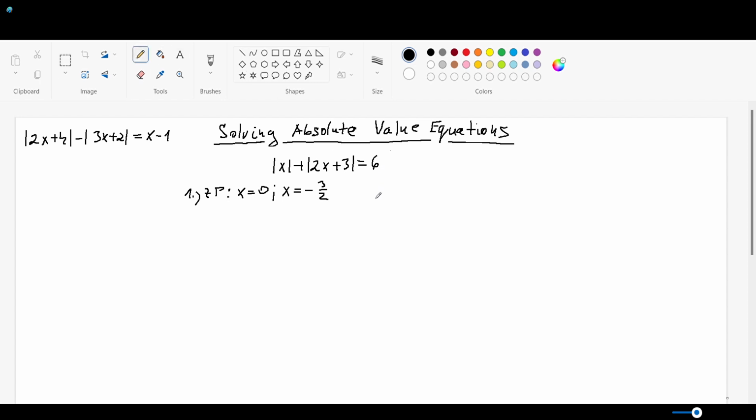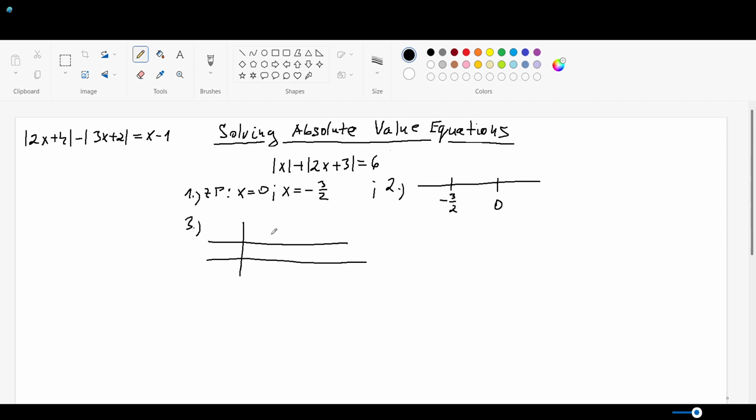The next step, which I explained before, is to split the number line so that you can very easily identify the intervals for both expressions. So this is the number line representing these two numbers, and then there comes the table where you find what the absolute value is equal to for different x's from different intervals.